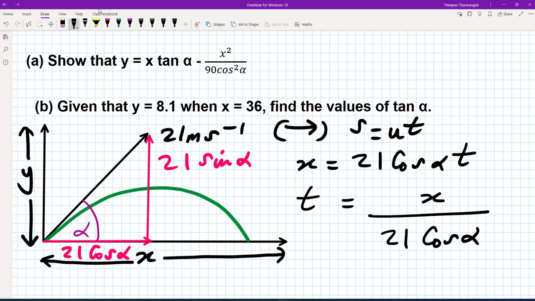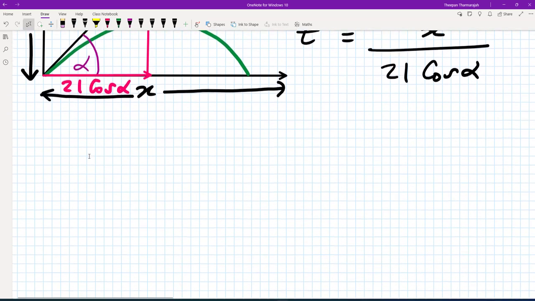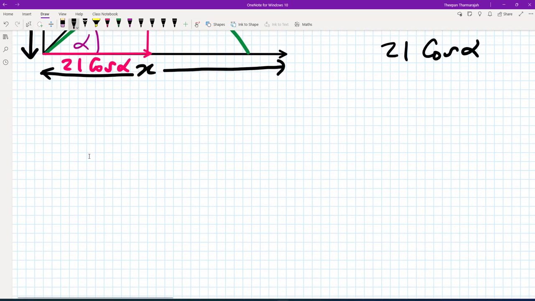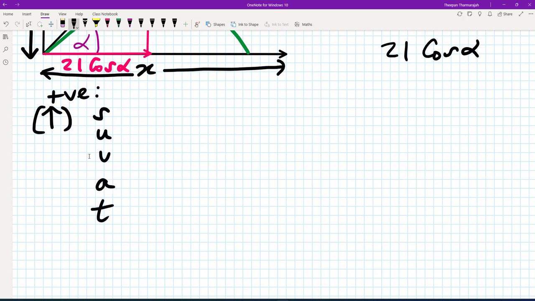Now we can substitute that into the vertical motion. So let's just do that here. We're going to do a suvat taking upwards as positive. So a is minus g, and t is going to be x divided by 21 cos alpha.